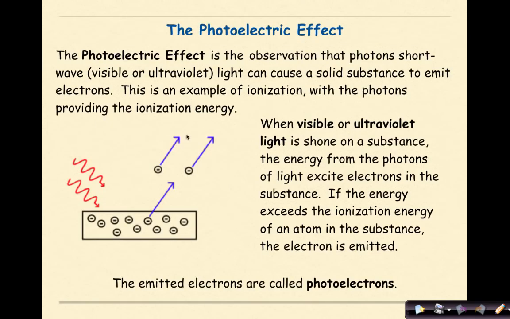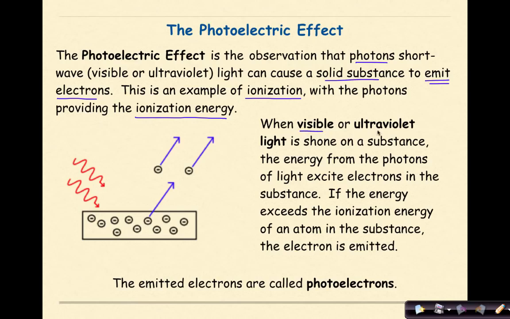The photoelectric effect. The photoelectric effect is the observation that photons of short-wave, visible, or ultraviolet light can cause a solid substance to emit electrons. And remember, the word emit just means to release. This is an example of ionization, with the photons providing the ionization energy.